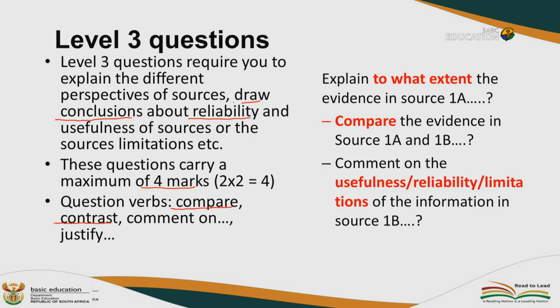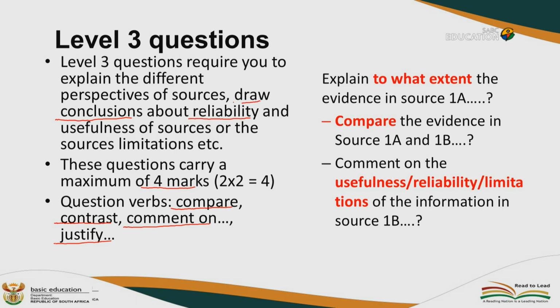You can also find this one, which appears on both level 2 and level 3, commenting on, or how does the character in the source justify. So you will look into these question verbs. They are telling you that the question is higher than level 1 and level 2. It's now a level 3 question.